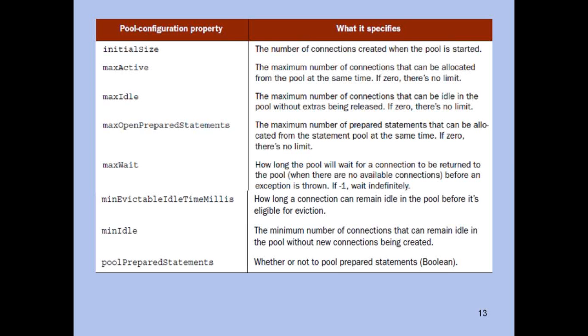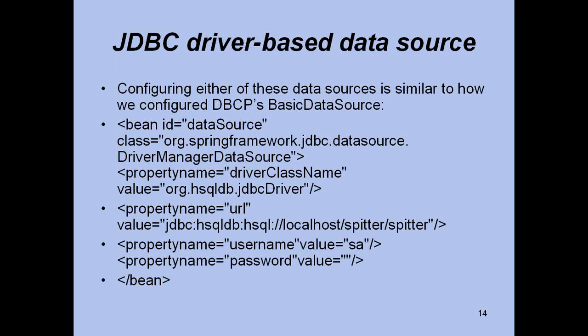You can also set the maximum number of connections that can be idle at any time, and how many maximum open prepared statements can be allocated from the statement pool at the same time, and some other properties like the max wait time, minimum idle time, and so on. The third method to create a data source is the JDBC driver based data source.